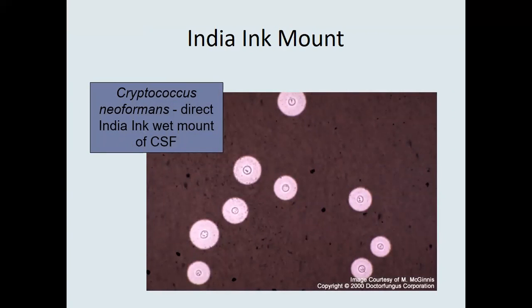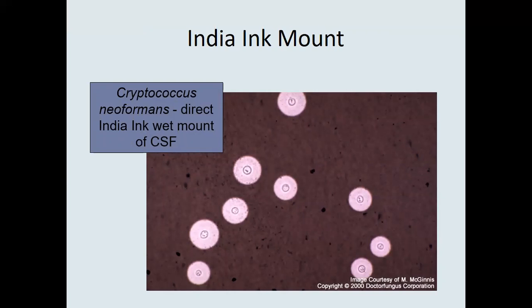I don't know if you've studied capsules yet in class, but they can be a way that bacteria or yeast adhere to cells. So it's a virulence mechanism. And Cryptococcus neoformans has a huge capsule. This is an India ink stain.